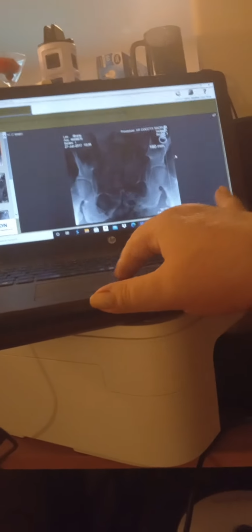All right. So this is the sacrum, the actual way it looks, right? I don't know. From the side. And I ain't done nothing to injure myself further, right?